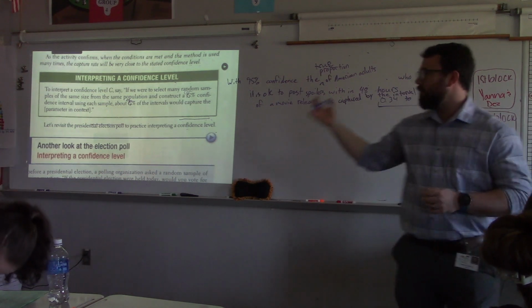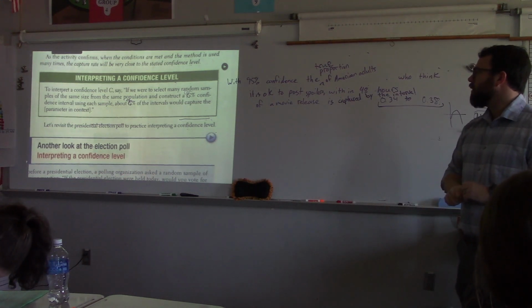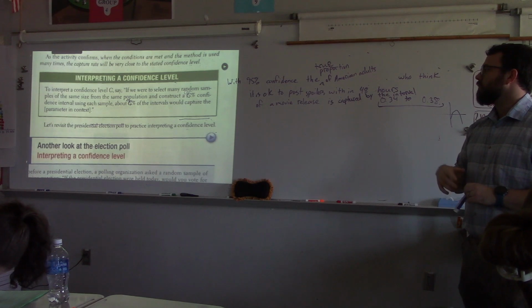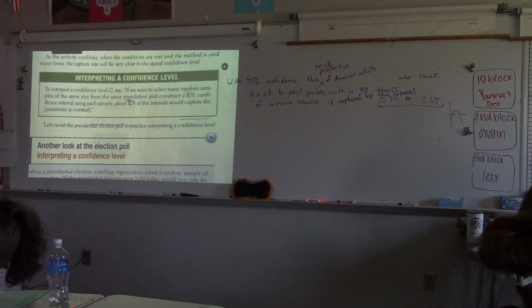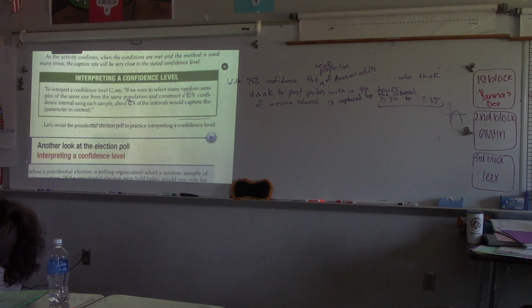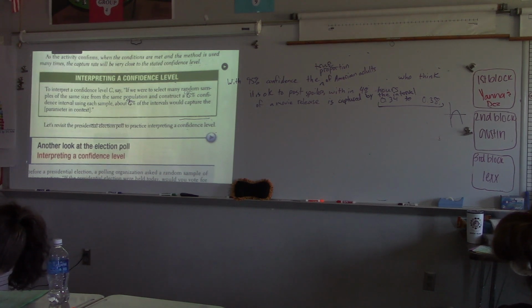It might just be better to go off of that. But the idea is that if we construct a 95% confidence interval repeatedly in the long run, about 95% of those intervals will capture the parameter, and then you always have to put the context.